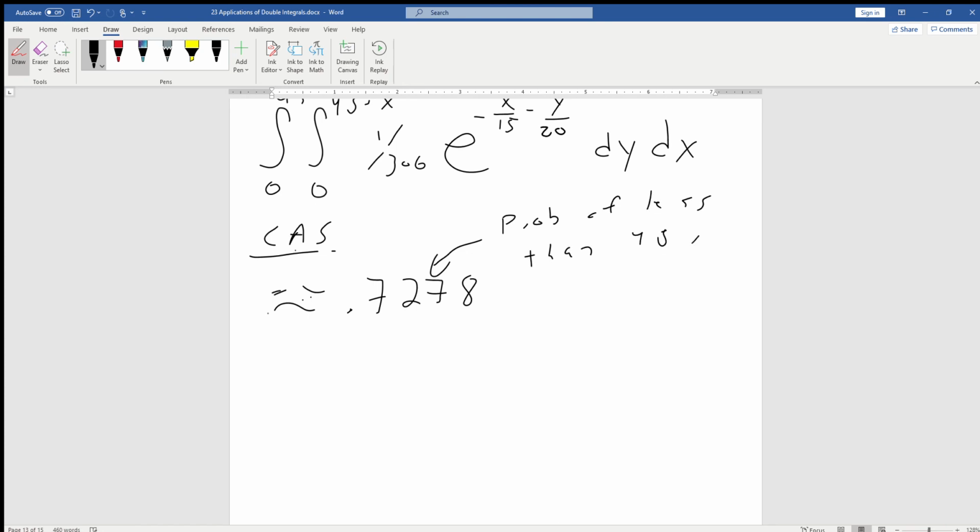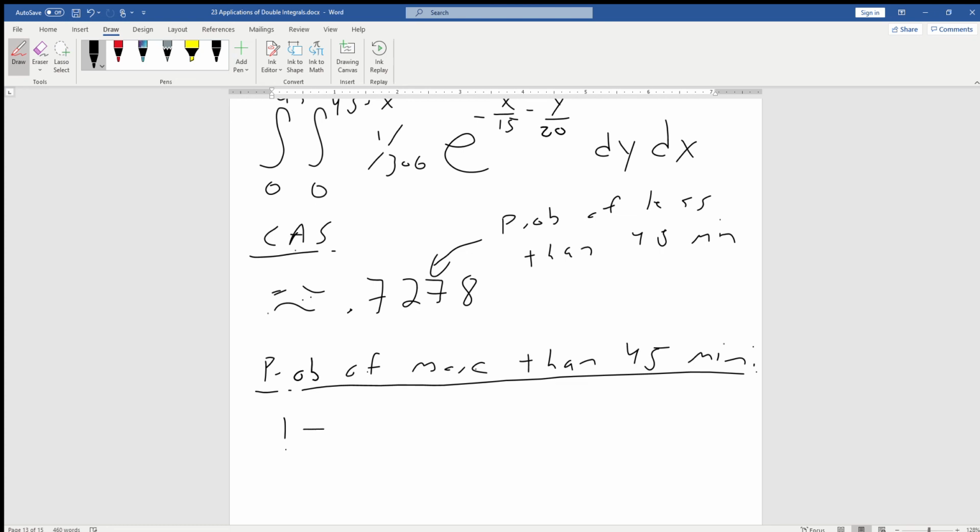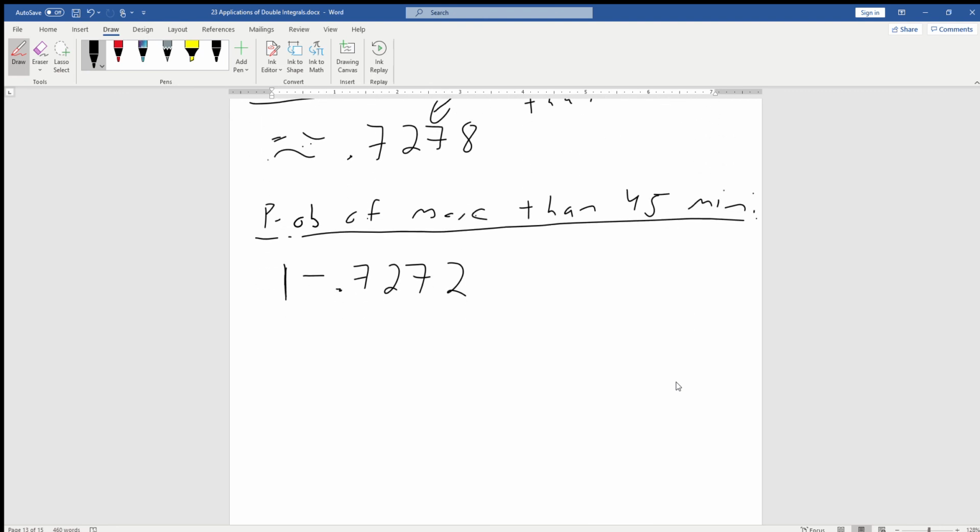To get the probability of more than 45 minutes, remember that the total probability is 1. So what we're going to do is take something called the complement: 1 minus 0.7278. Remember, 1 is the total area, so we always subtract from 1 to do a more than type of problem.